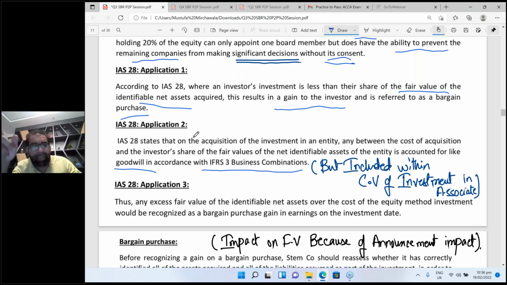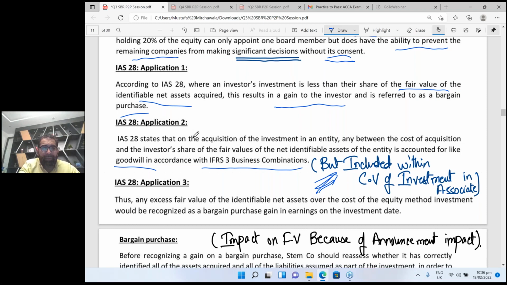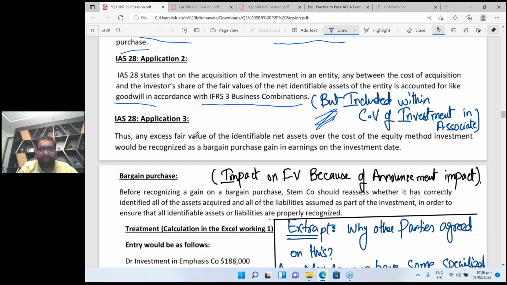I told you the same accounting, but see, one more thing I have written here just to remove confusion. Goodwill is included within the carrying value of the investment in associate. Remember, the treatment is the same, but this positive or negative goodwill will be included in the carrying value of the investment in associate. I showed you this through entries. Thus, any excess of fair value of the identifiable net assets over the cost of the equity investment would be recognized.